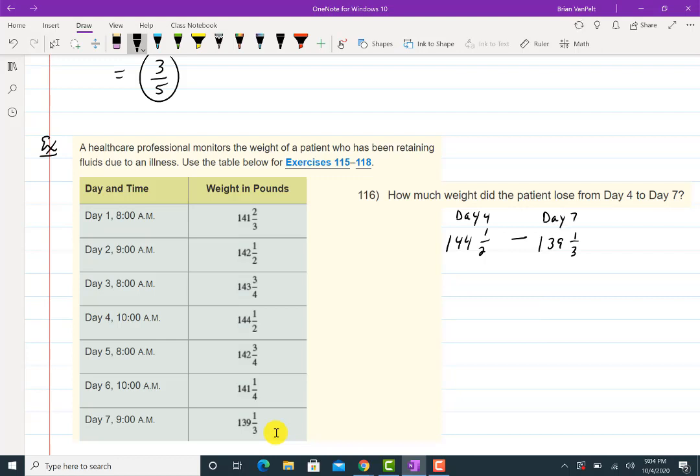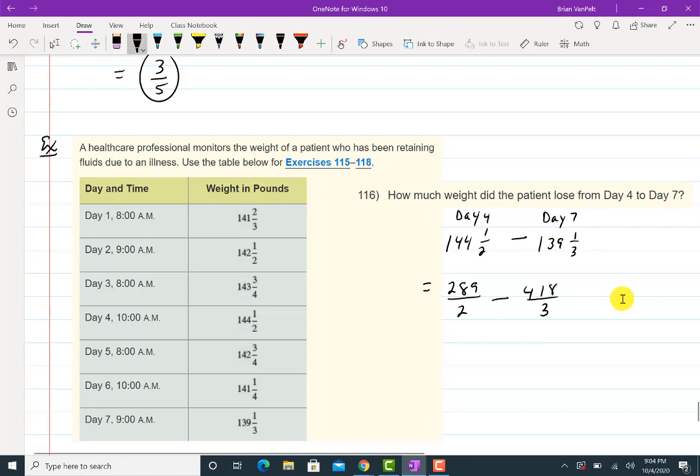Let's go ahead and do this computation then. I'll start with this one here and change it to a fraction. 144 times 2 is 288, plus 1 is 289. Over here, 139 times 3 is 417, plus 1 is 418.